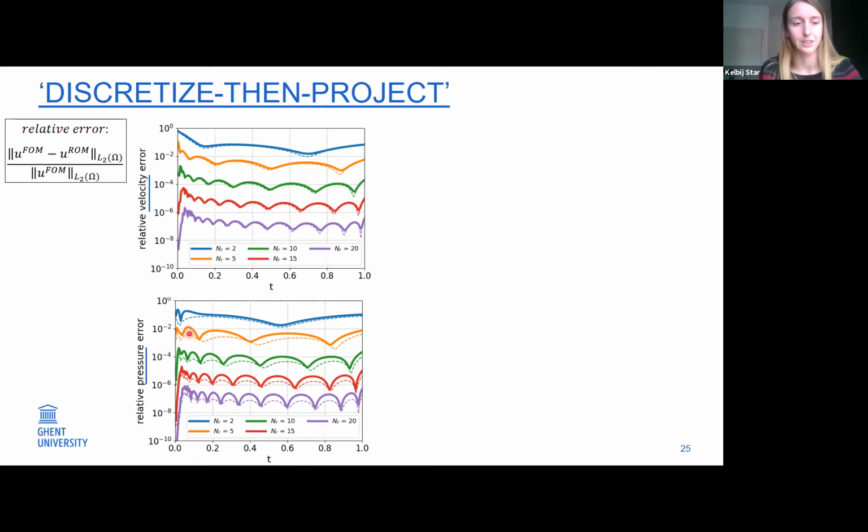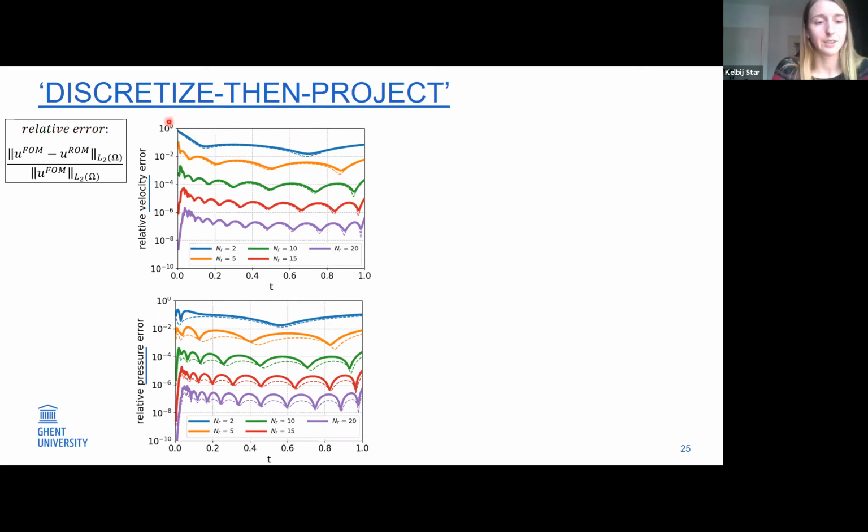For this problem, they're coupled. I used a basis of 2 modes up to 20 modes. For 2 modes, you can see the relative error compared to the full order model. I didn't do any parameterization. The reduced order model is run for the same setup as the full order model, for which I collected the snapshots.